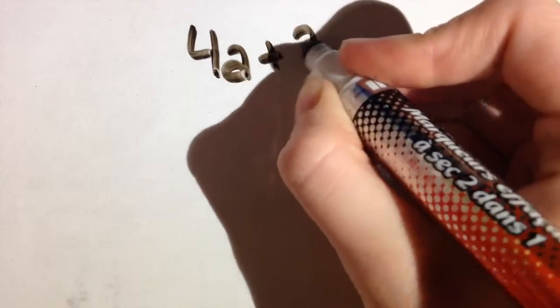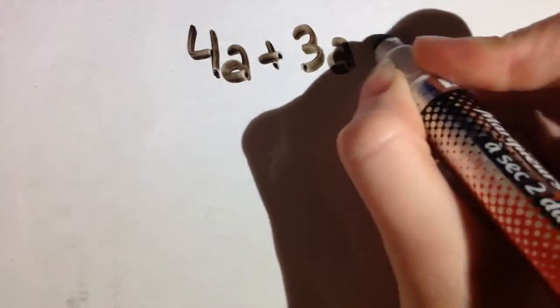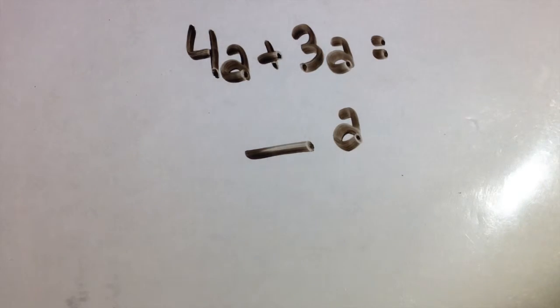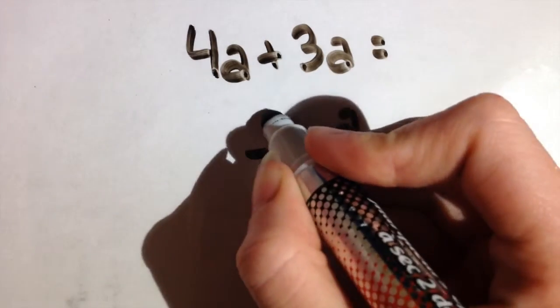So for the next example, instead of writing apples, you were to write A because you got lazy. It would still be the same adding process. You would do 4A plus 3A is equal to how many A's? It's equal to 7 A's.